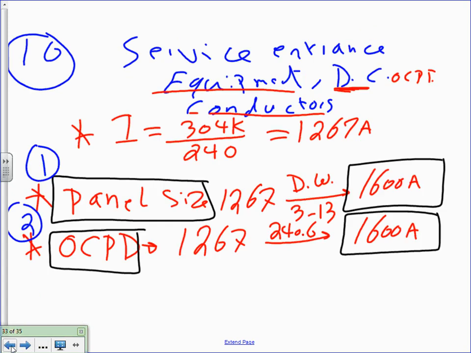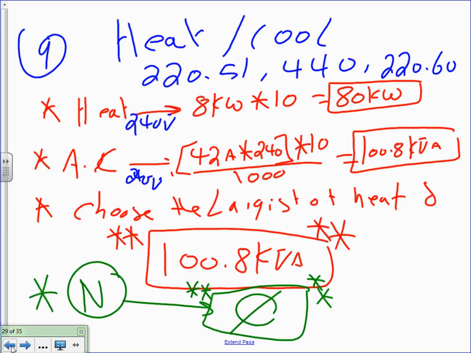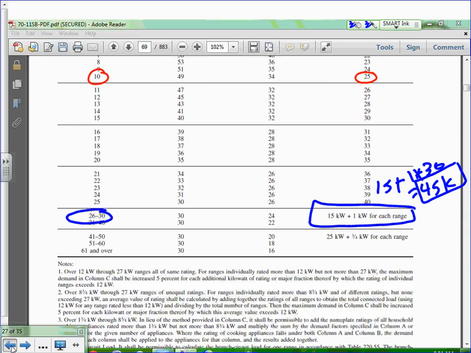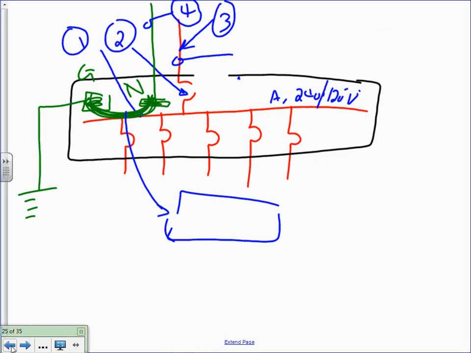Okay, so let me go back into my system here and write what we came up with. So let's just update this. What was the size of this panel? 1600 amp. What was the size of the overcurrent protection device? 1600 amp.